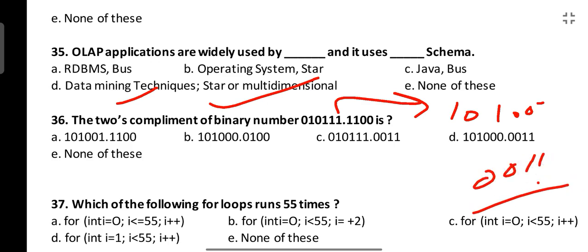So if you add 1 here, it will be 1 1 0 1 1 0 1 0. So 1 0 1 0 0 dot 0 1 0 0 1 0 1 0 0 1 0 1 0 0. Yeah, so option B is the right answer. I hope it is clear to everyone.